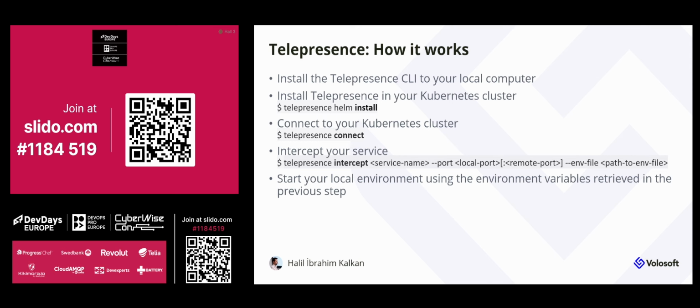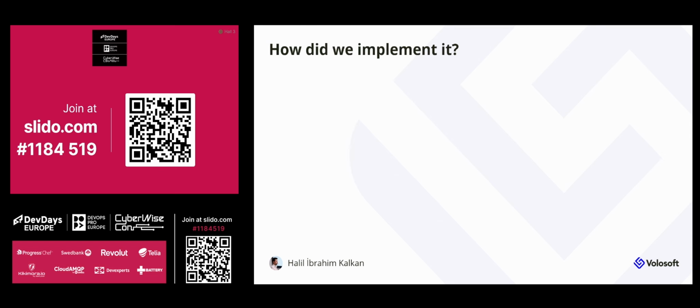Then you can use that file to override the environment variables on your local computer. So when you start your local service, it feels like it is running in the Kubernetes cluster and communicates with all the services as if they are a single environment.